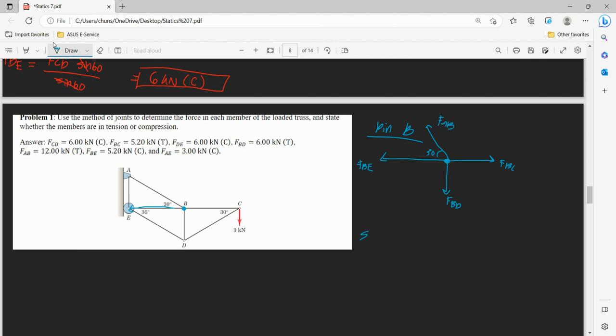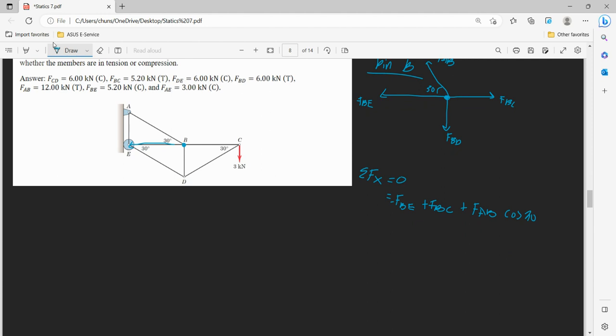So Fx equal to 0, this is equal to negative FBE plus FBC, and this is plus FAB, and that would be cos 30.